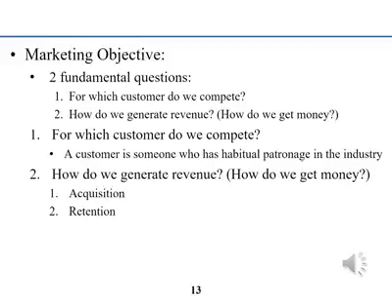Now, in knowing whether you are following a go-to-market strategy that is based on acquisition or retention, it is important for you to think about what it means to be a customer. A customer is someone who habitually patronizes the industry, and that's an important consideration. Notice that phrase exactly, habitual patronage. Sometimes in marketing, we'll say things like, the customer is always right.